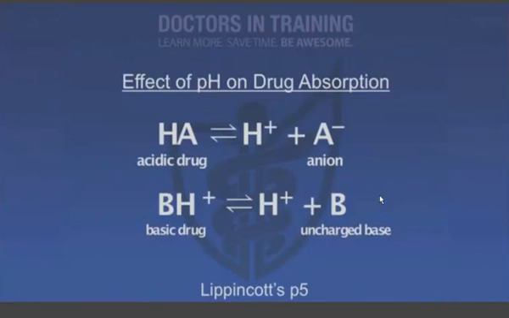If you have a basic drug and the pH is lower than the pKa, then the protonated form is that BH, which is positive. If the drug is basic and the pH is low, that protonated form is charged. It's not going to cross the cell membrane very easily. Whereas if you have an acidic drug, the protonated form is uncharged, and so that uncharged drug will pass through the cell membrane fairly easily.